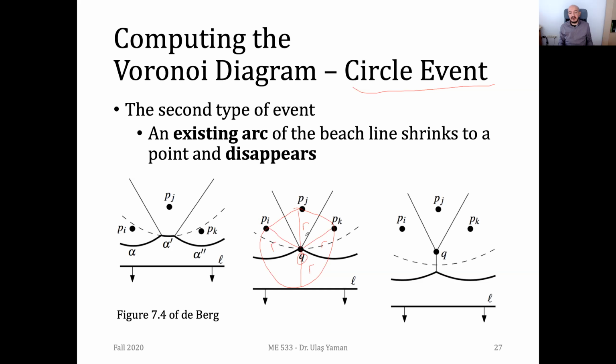So if you remember, one of the properties we discussed for the Voronoi diagram is that if you have a vertex, a kind of a corner point, the largest empty circle of this vertex should have at least 3 Voronoi sites on the boundary of this largest circle. And that's true here.